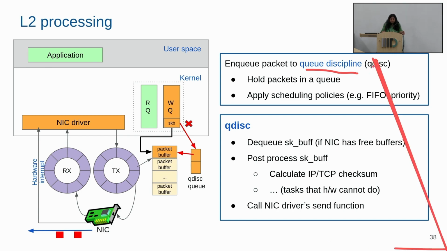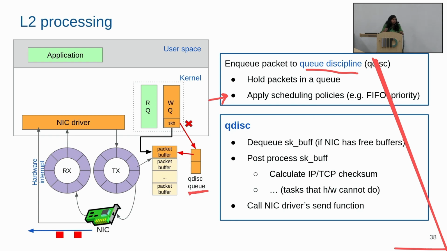The job of this queueing discipline is to apply priorities. So what does it do? There is a QDisk queue maintained in the kernel, and its job is to hold the packets in the queue and apply the scheduling policies. There are some predefined policies that exist in the kernel, like FIFO and priority queuing. If you want to add more policies, you can do so by changing the kernel, but there is a well-defined set of policies that exist there.